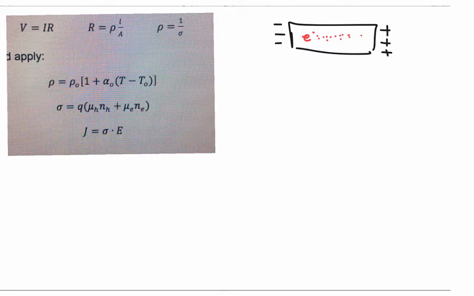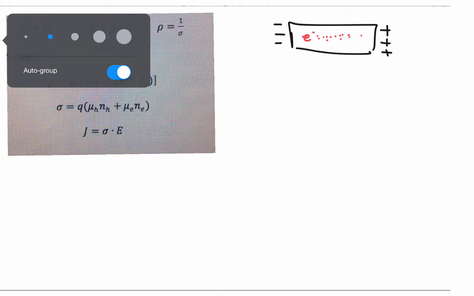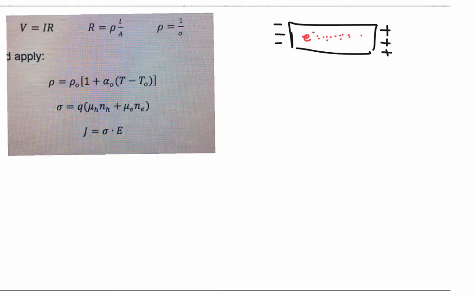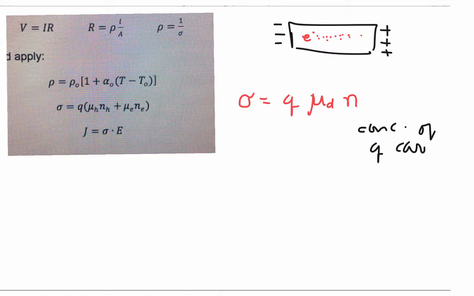Now this equation is oftentimes generically written like this: the conductivity equals Q times the drift mobility times the concentration of carriers. So this is the concentration of charge carriers, oftentimes electrons, it could be holes. This is the drift mobility. And the Q is, of course, the charge per carrier.